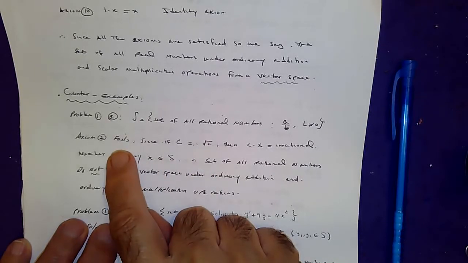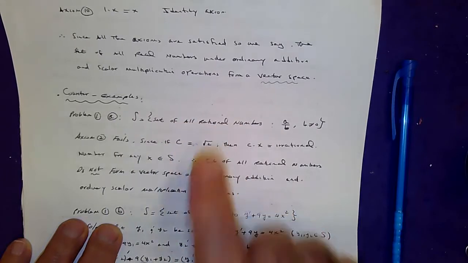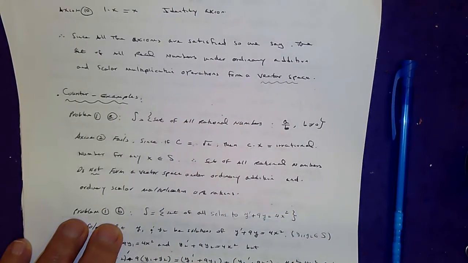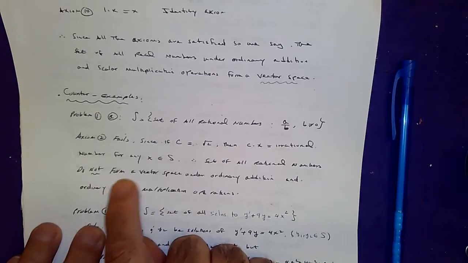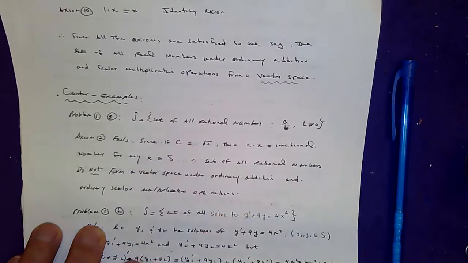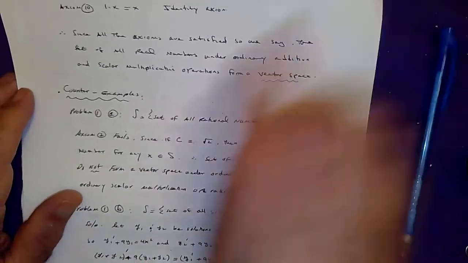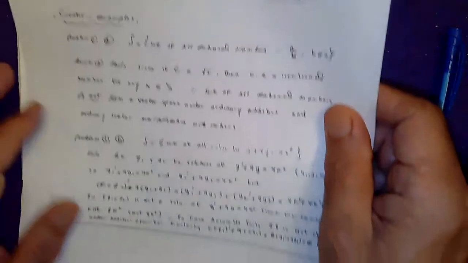So because axiom number 2 fails, the set of all rational numbers under ordinary addition and ordinary scalar multiplication does not form a vector space. Axiom number 2, which is scalar multiplication, failed.